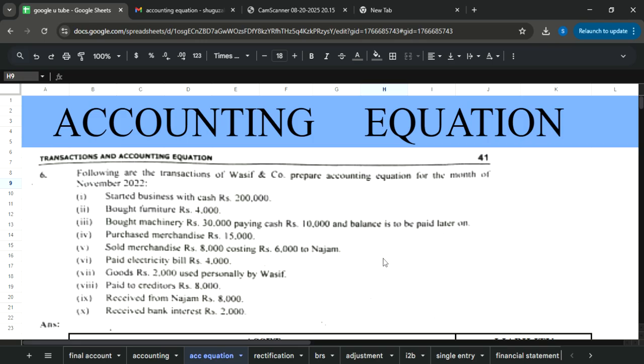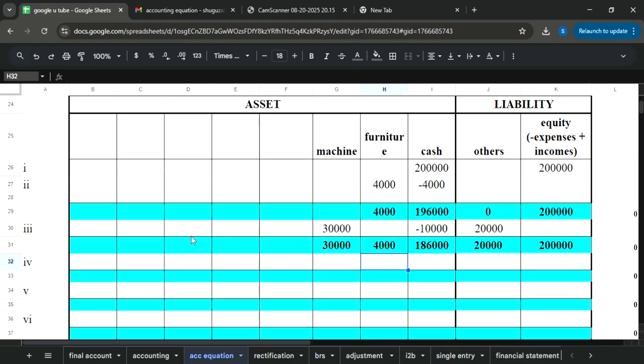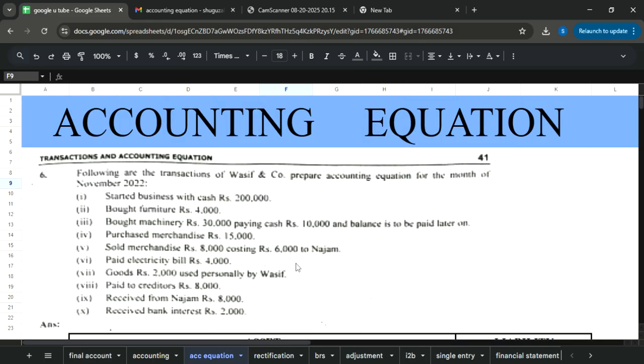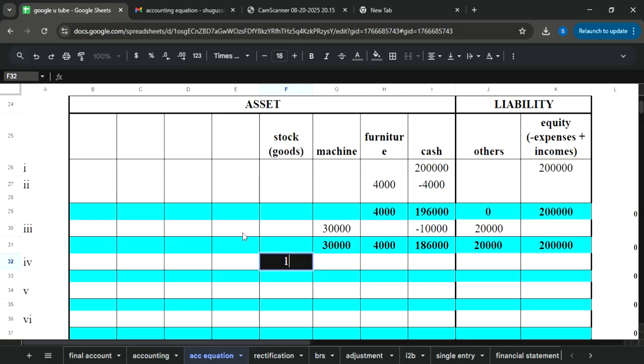Let's see what number 4 is saying. Purchased merchandise. Merchandise is goods. Goods are stock. When you buy, it means there is an increase in goods. So here you have mentioned that we have bought stock. Come over here, since it's an increase, you have purchased, so 15,000 plus in goods.